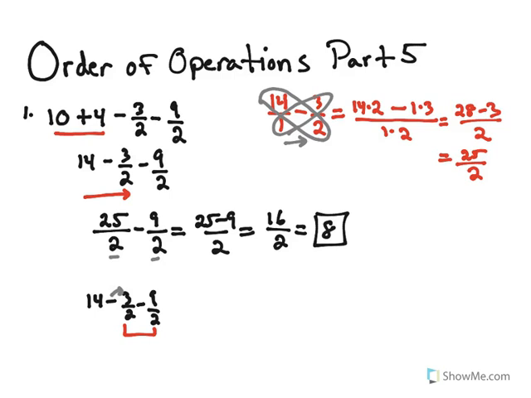Since the denominators are the same, it's minus 3 minus 9, which gives me minus 12 over 2, which gives me minus 6. So then 14 minus 6 will give you the 8 as well.